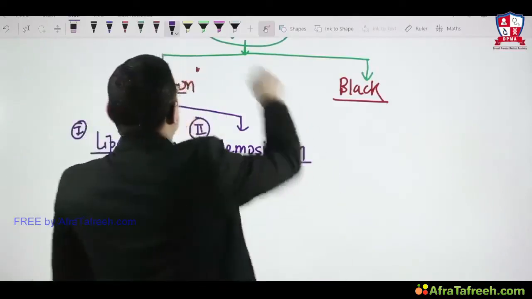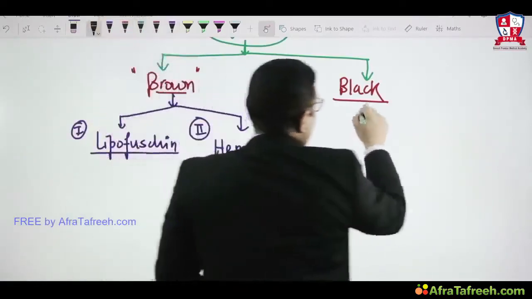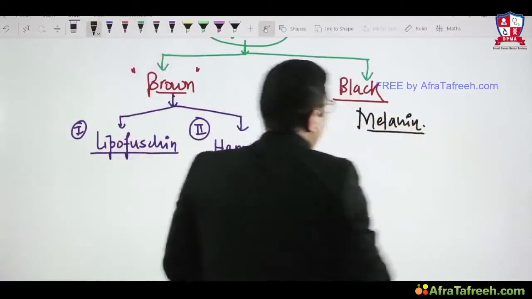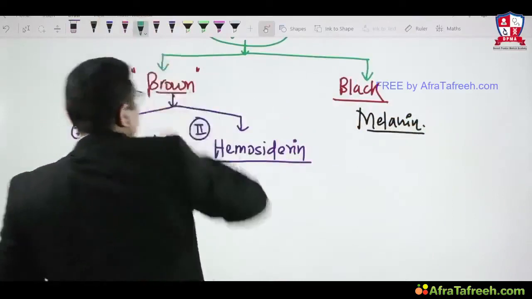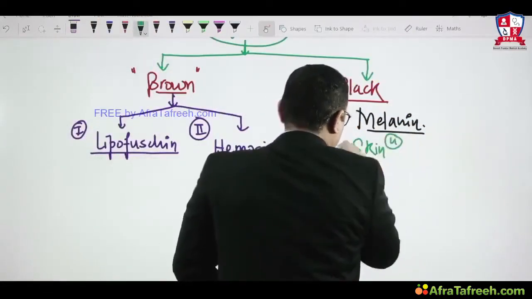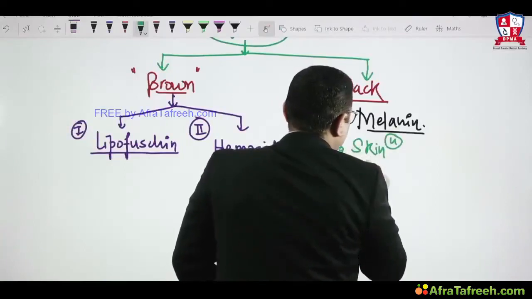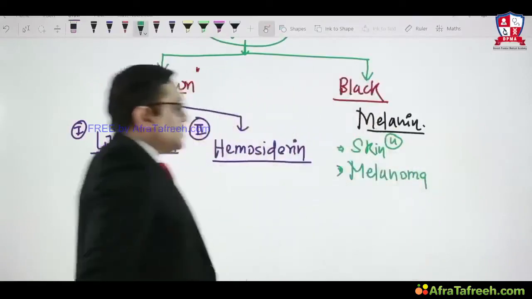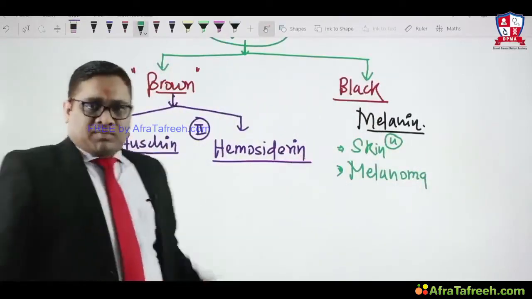Black pigment in human body is the melanin, right? Melanin is present in our normal skin also, and this will be present in melanoma also. So that is the black pigment, melanin.